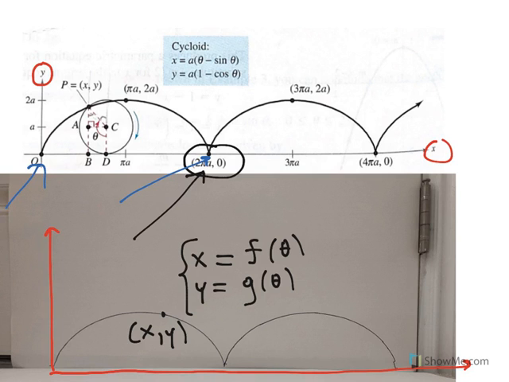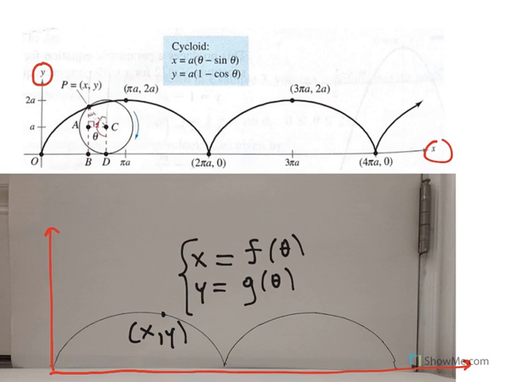And so the length of the arc traced by an angle of rotation equal to 2 pi radians would be 2 pi times the radius. And the radius of our circle is a. So that's why we have 2 pi a here.